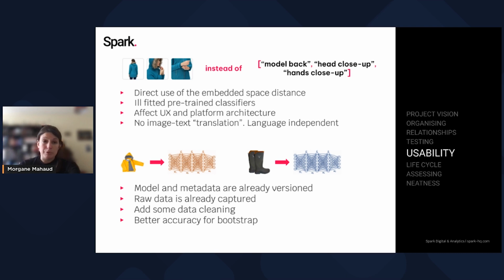We were able to do that because the model and the metadata were already versioned, so it's not too much extra effort. And because we had the product category as raw data, it was also quick to access, even if it required a bit of cleaning, but not too bad. The advantage we get out of it is a more accurate result for Bootstrap.